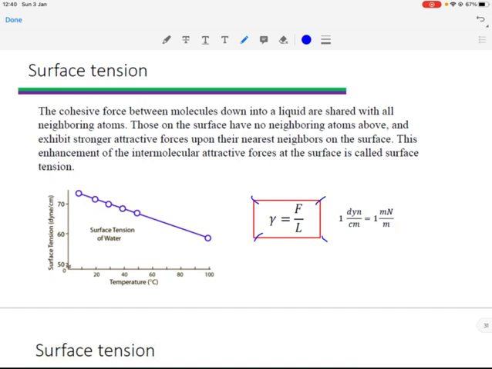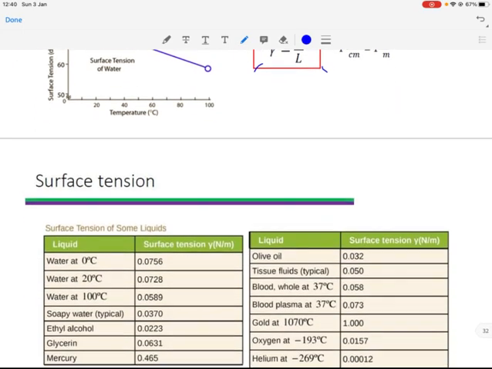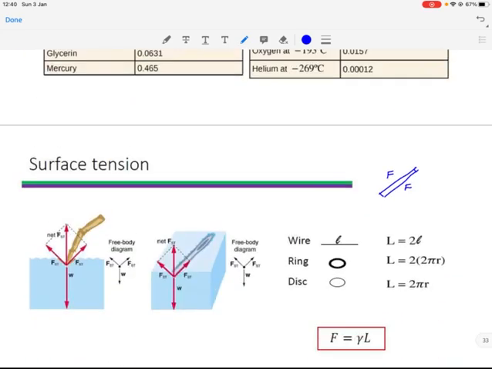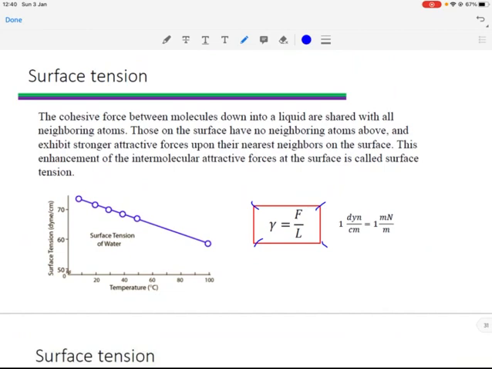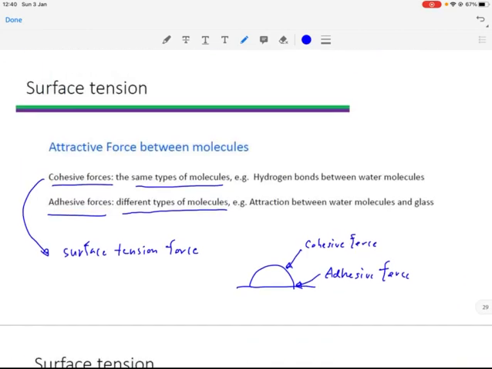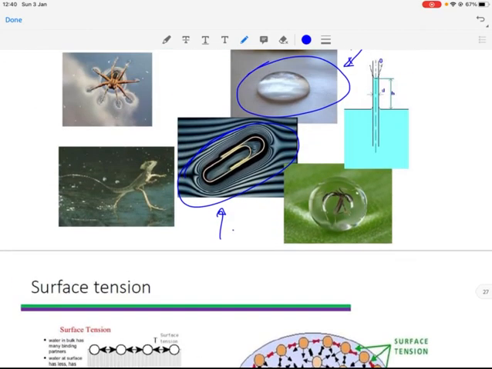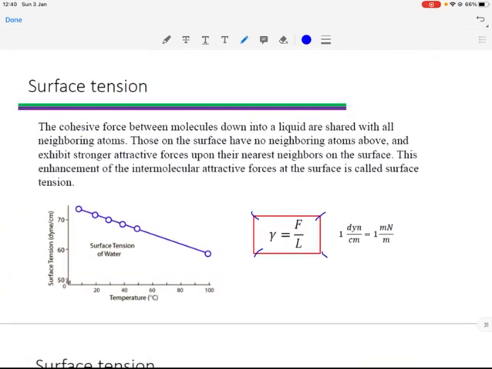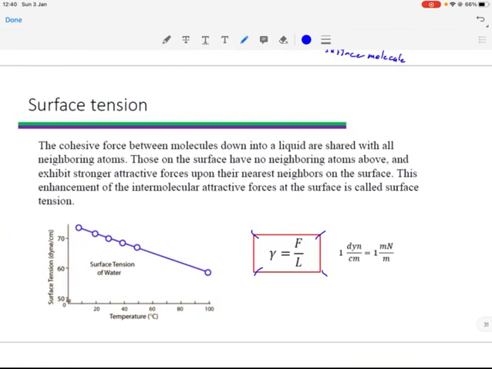Okay, so now think about when you put, so go back to the case of the metallic clip floating on the water surface. So let's think about this case, right? When you put this metallic clip on the water surface, there is a force that goes against its weight, or let's say goes against the gravity that tries to pull it down.